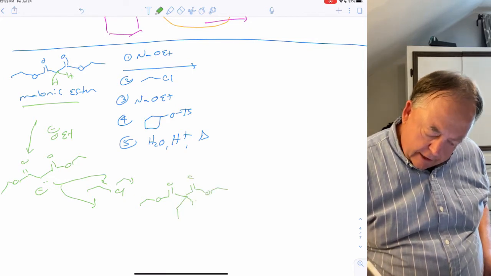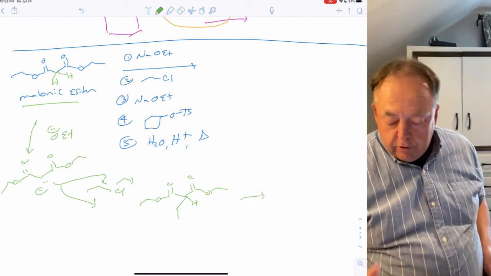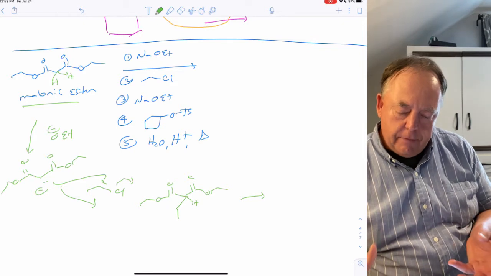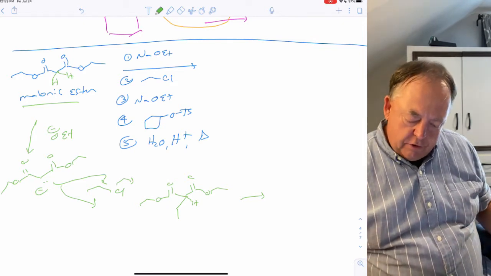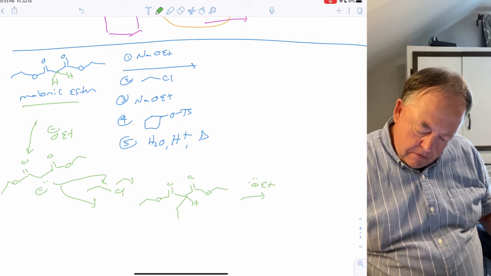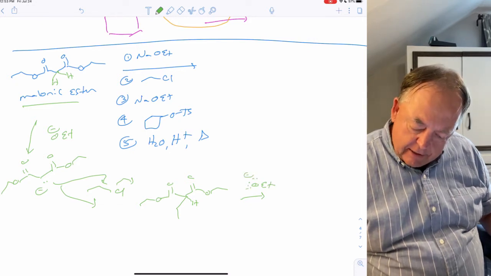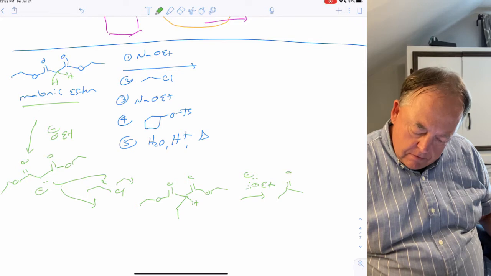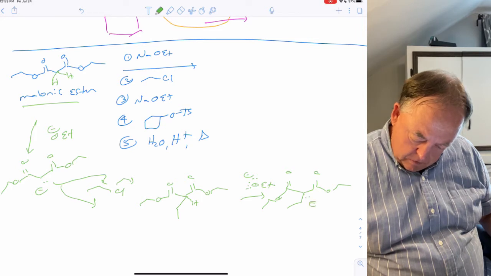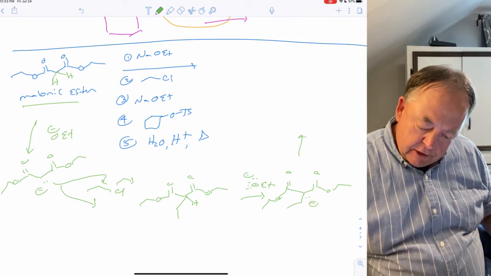And there's another hydrogen there that's acidic. So again, you wouldn't have to do 2 alkylations. You could just stop there, or if you wanted to, you could react it with another base and take off the second acidic hydrogen. And then do another alkylation.